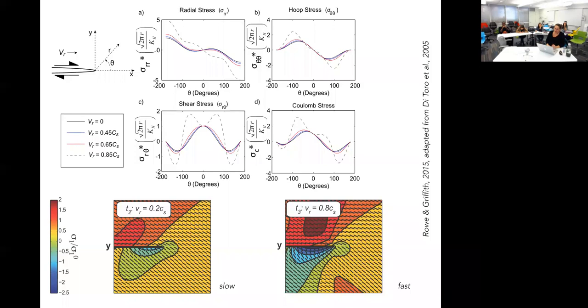So that's where, because rocks are stronger in compression and weaker in tension, that's where we have our greatest magnitude of tensile stress, and sigma 1 is at a high angle to the fault. So that would be a great place to look for fracturing that was characteristic of a very fast rupture velocity.